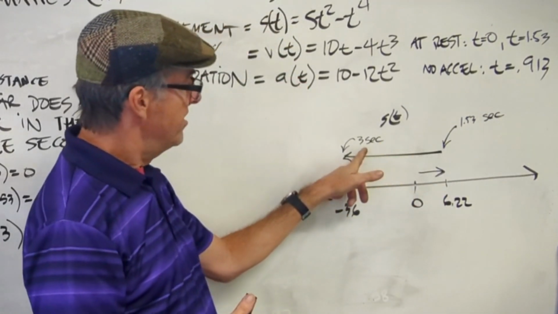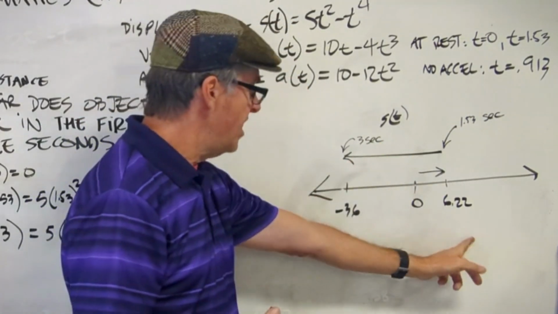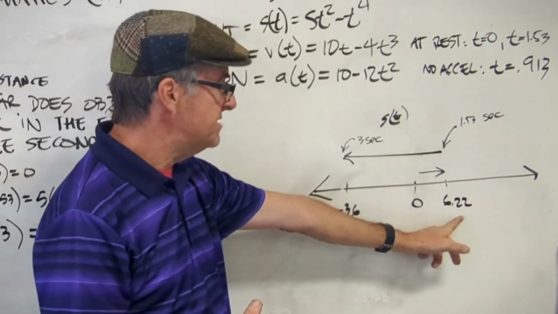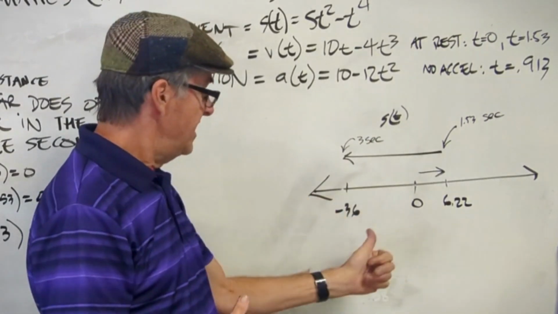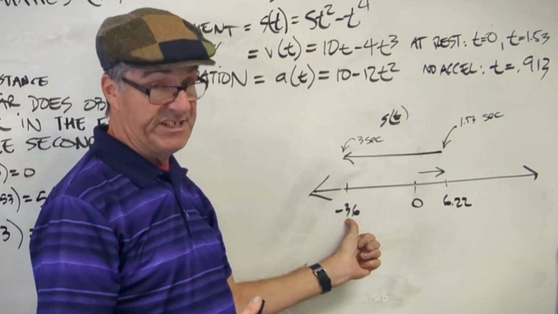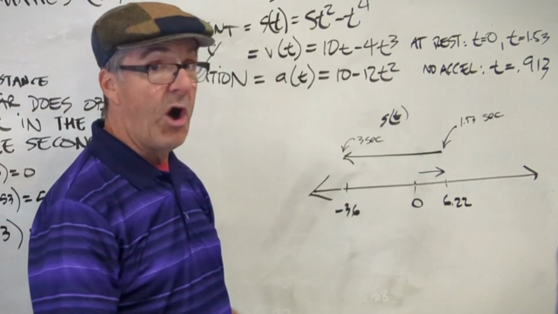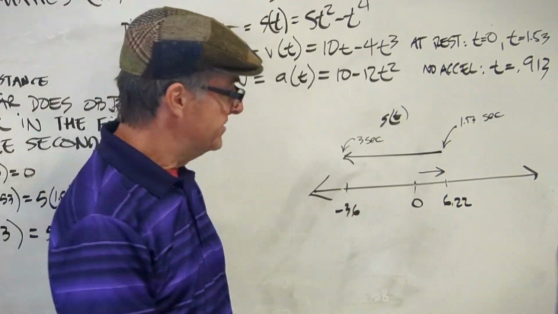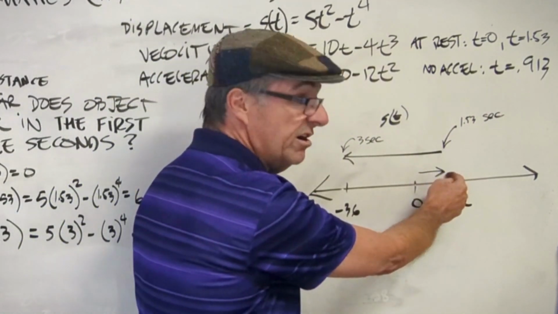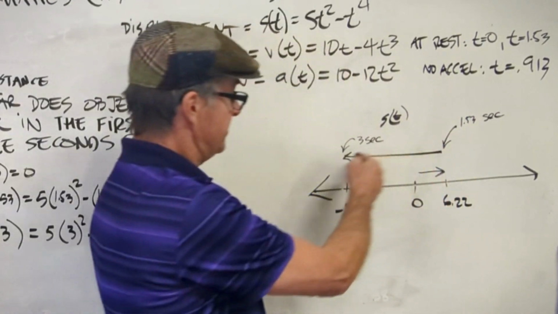Now, at time 3 seconds, we have come back. Our displacement was 6.22 positive. Now our displacement is minus 36, negative. So our distance traveled is going to be from here to here, and then from here to there.